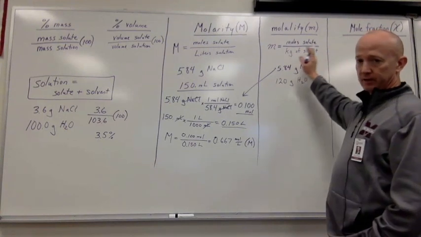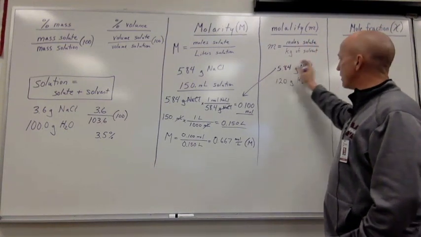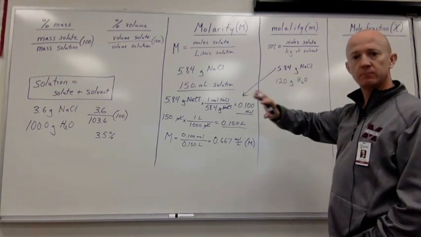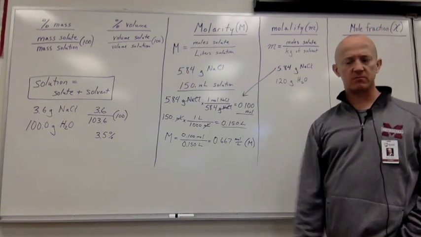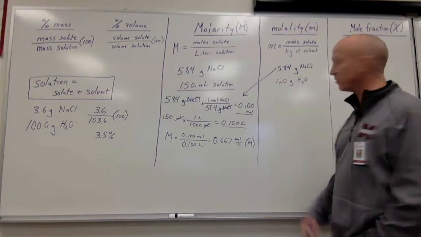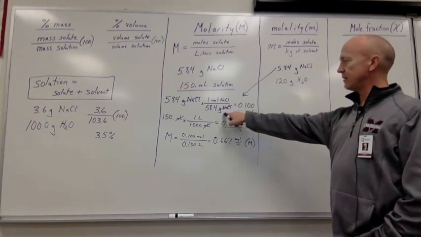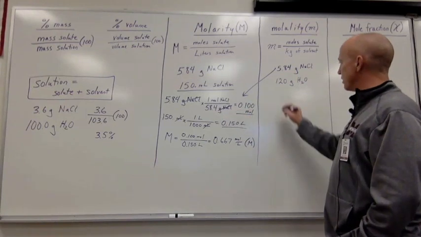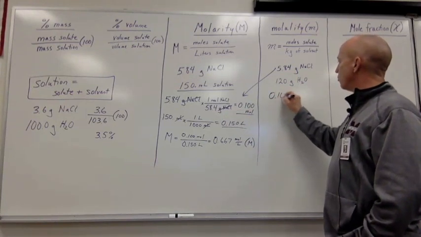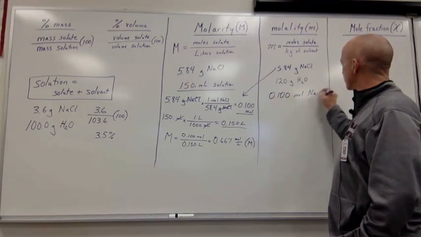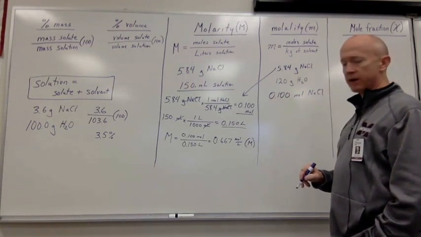It could have been anything, so we're just using this for the sake of time. I don't want to keep you watching the video all day long. So here we go: 5.84 divided by 58.4 gives us 0.1 moles. So we know we have 0.100 moles of NaCl.